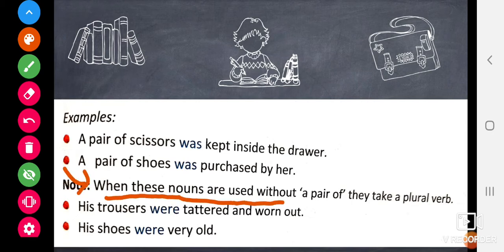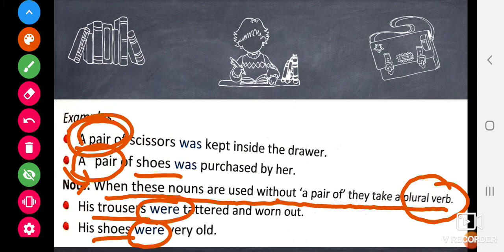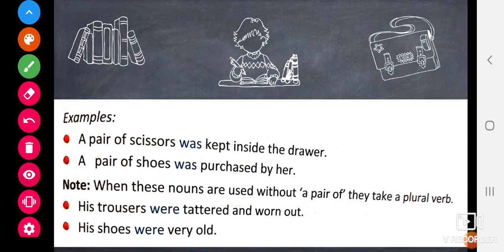When these nouns are used without a pair of, they take a plural verb. So here we have the same subjects, but here the verbs are plural because here we don't have a pair of. A pair of means one. So whenever we are talking about something which is singular, we use was.